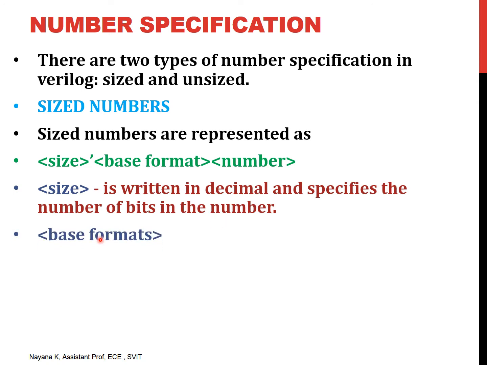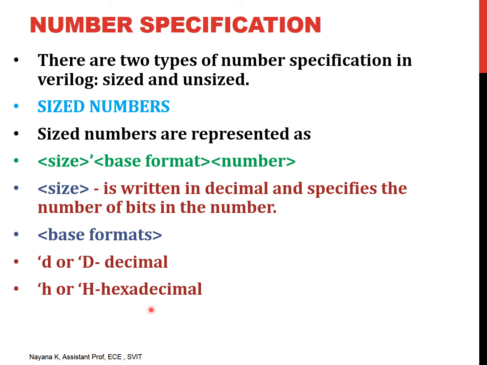Talking about the base format, we know different number base formats. If we write tick D or tick capital D, it represents that the number here is in decimal. If you use tick H, it is a hexadecimal number. If it is tick B, then it is a binary number, and if it is tick O, then it is an octal number.